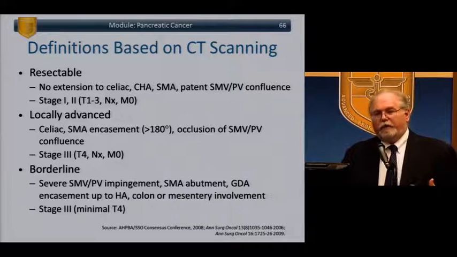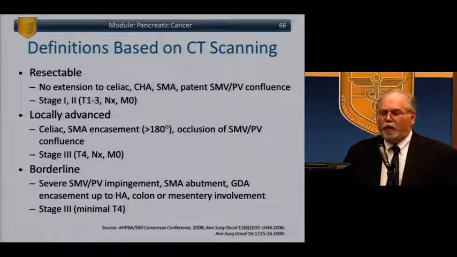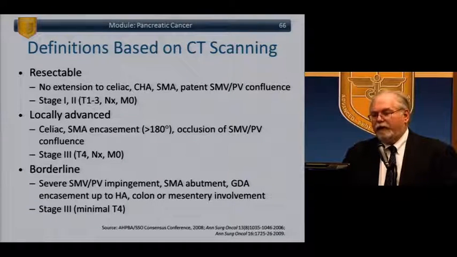So a resectable pancreatic head lesion shows no extension to the celiac, common hepatic, SMA, with a portal vein SMV complex that's open and characterized as stage 1 or stage 2, T1 to T3, NXM0.